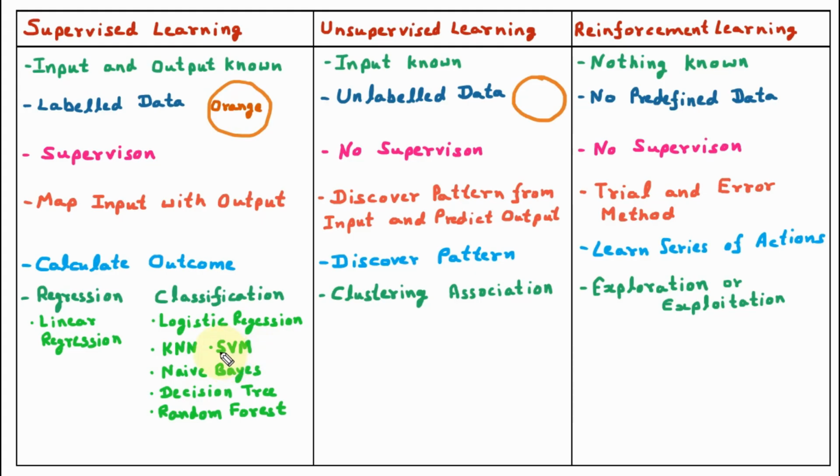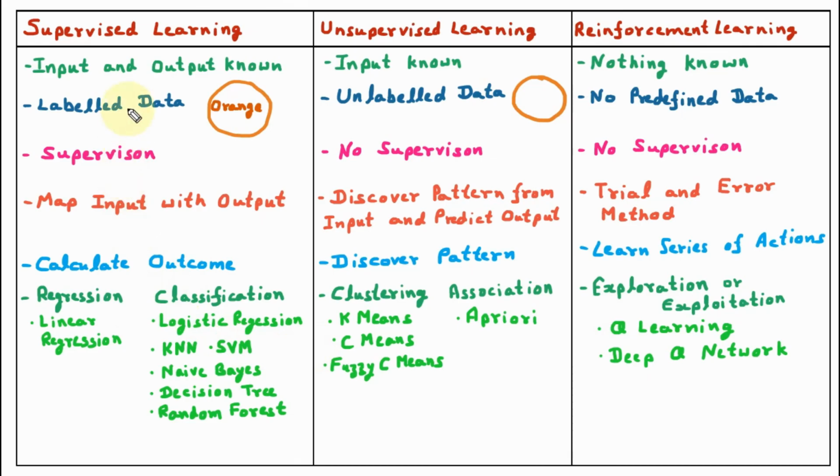Here, support vector machine, naive Bayes classifier, decision tree and random forest can also be used for solving the regression problem. In unsupervised learning, to solve the clustering problem, the algorithms used are k-means, c-means, and fuzzy c-means. To solve the association problem, the algorithm used is Apriori. In reinforcement learning, to solve the exploration or exploitation problem, the algorithms used are Q-learning and deep Q network.